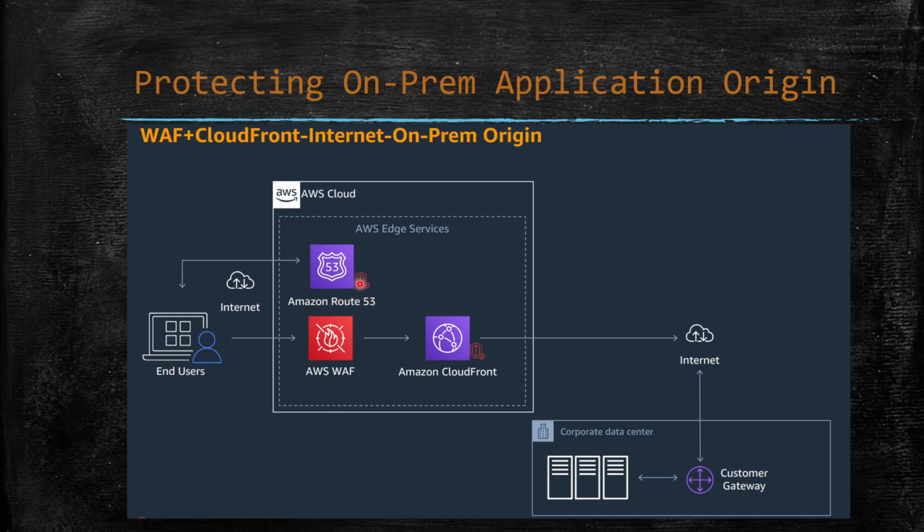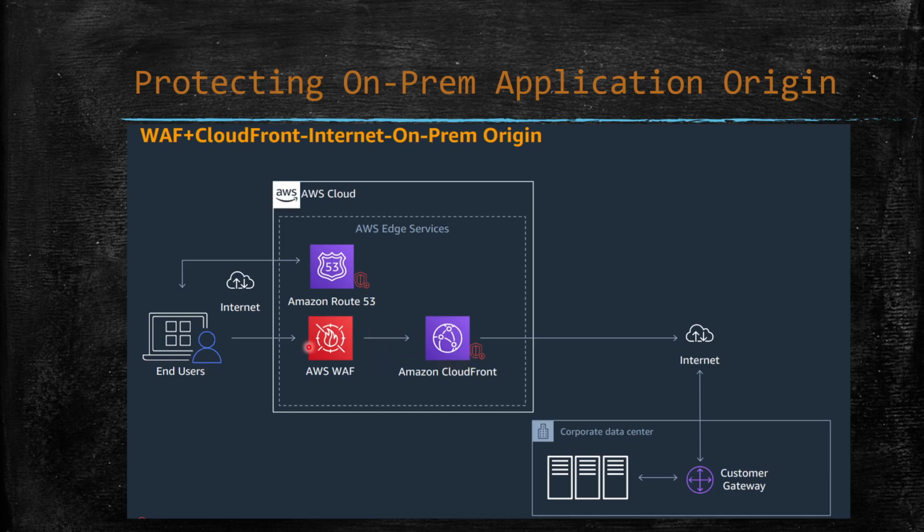Again, anything that wants to reach your corporate data center, we can have the customer gateway if you want to have the connectivity through the site-to-site VPN and other things. But in this case, the application is getting published over the internet, and that is going to get backed by Amazon CloudFront.